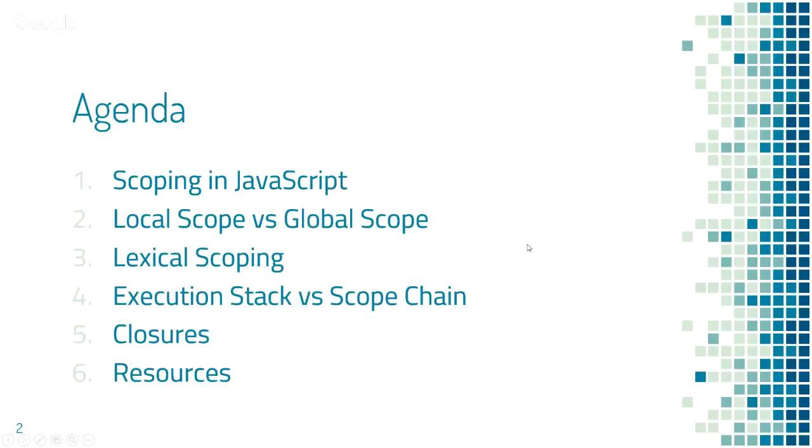And this is our agenda. It just has 6 points, but all of them are a bit complex and time consuming. So first off, we'll start with an explanation of what scoping in JavaScript is. Scoping is actually something specific to every programming language.